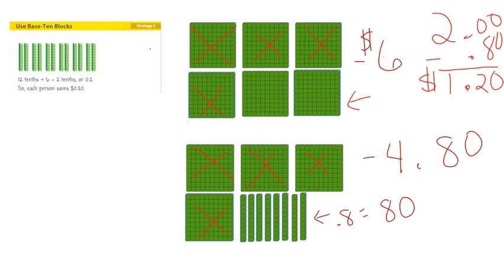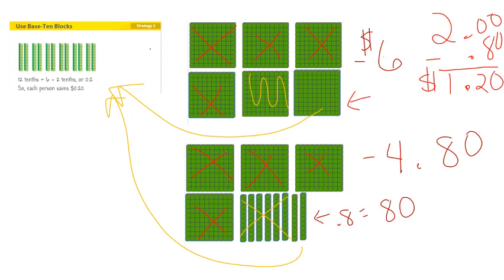Remember, after I do this cross out over here, I'm left with this, which splits up into 12 tenths. So I'm taking my 12 tenths and I'm dividing them into 6 groups.